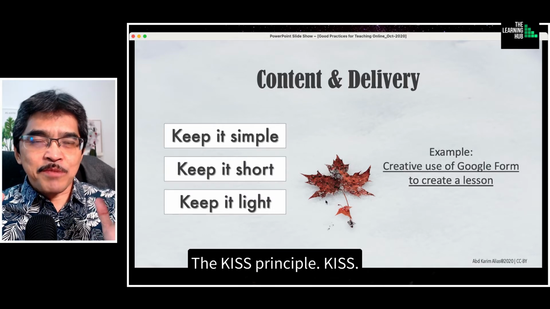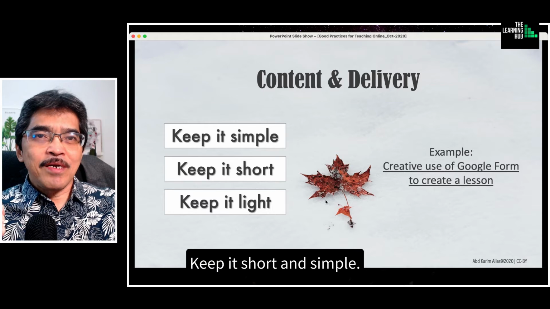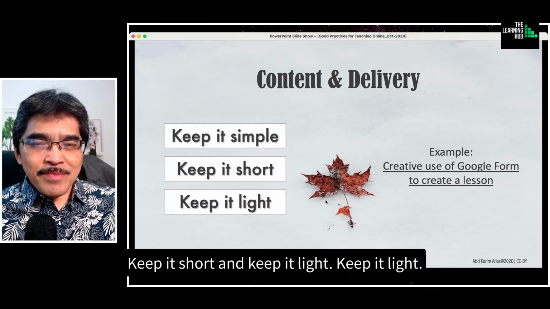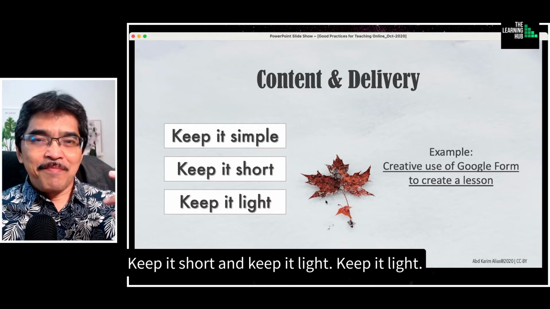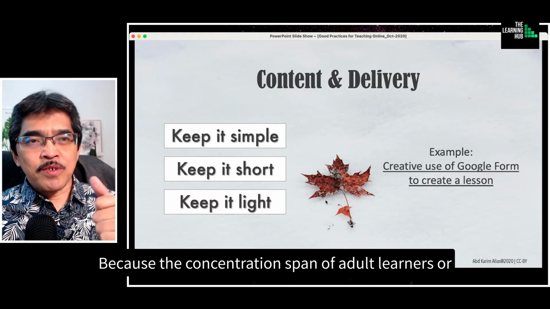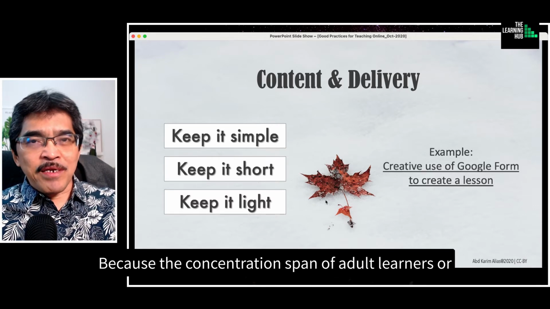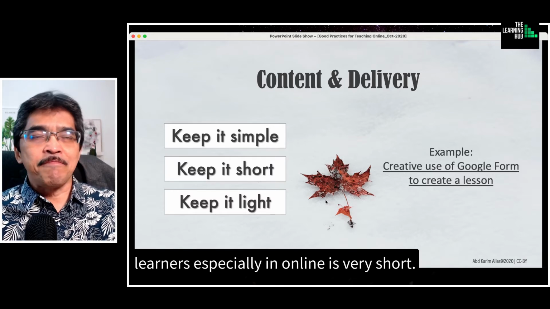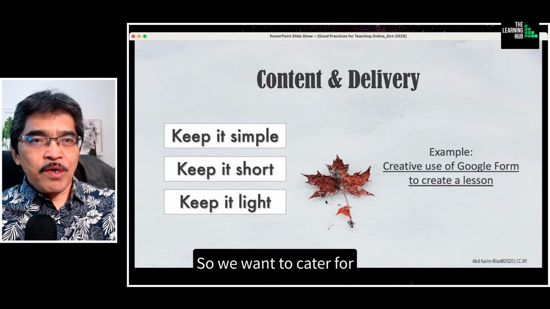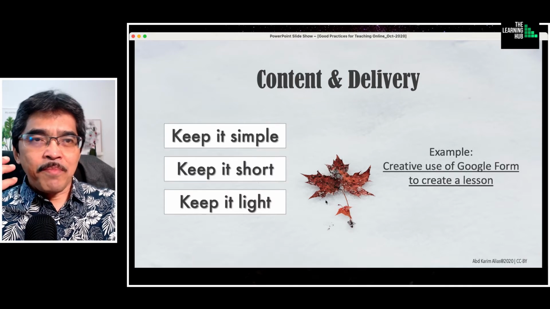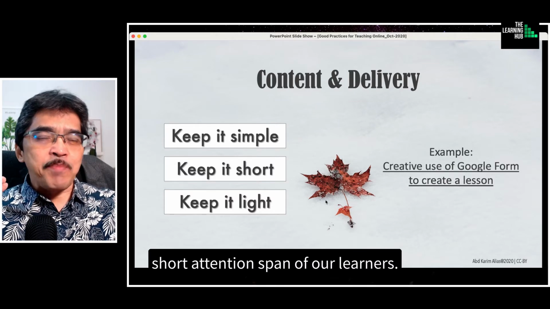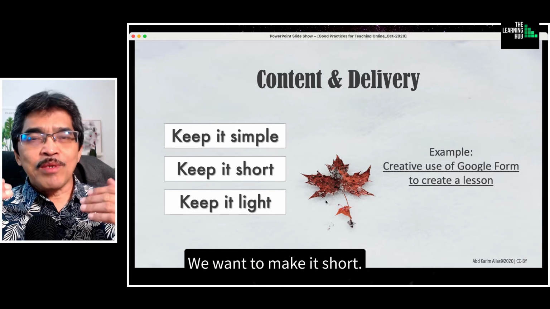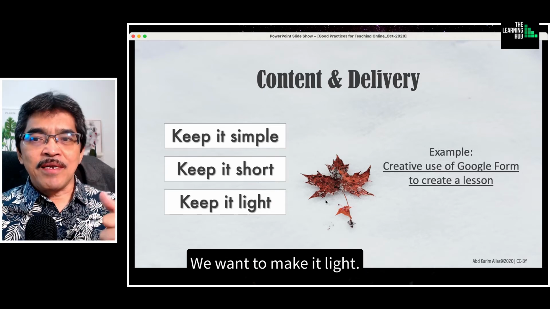The KISS principle: keep it short and simple. Keep it short and keep it light, because the concentration span of adult learners, especially online, is very, very short. So we want to cater for the short attention span of our learners. We want to make it simple, short, and light.